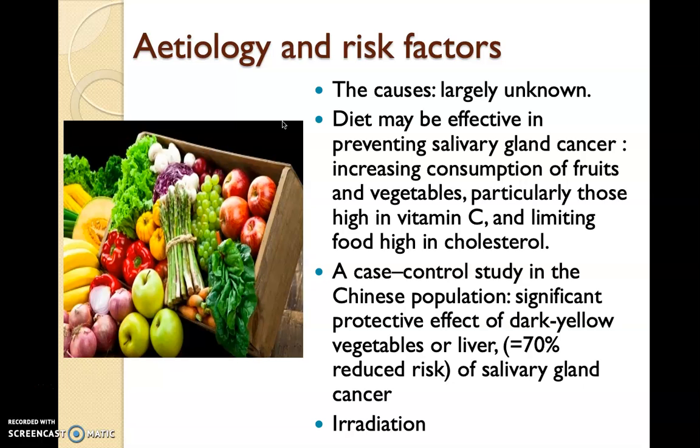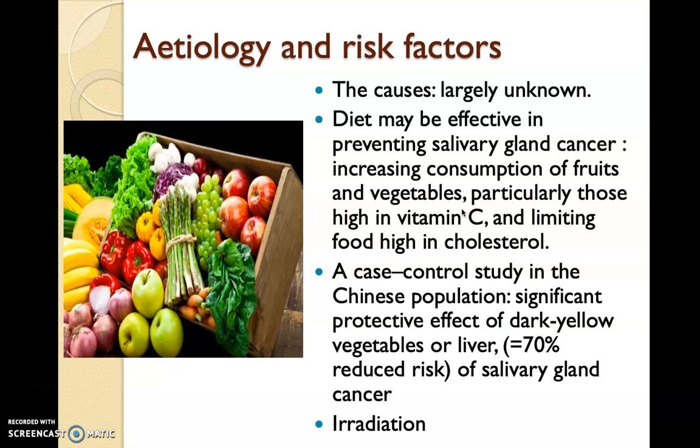Okay, so the etiology is multifactorial. We don't really know. They said the diet is effective in preventing salivary gland cancer. So that's why you have to eat lots of fruits and vegetables, especially those high in vitamin C. And you have to prevent yourself from eating fatty and high cholesterol food.